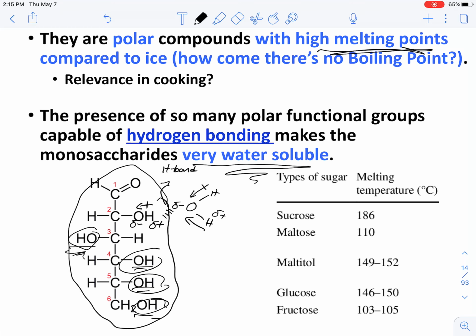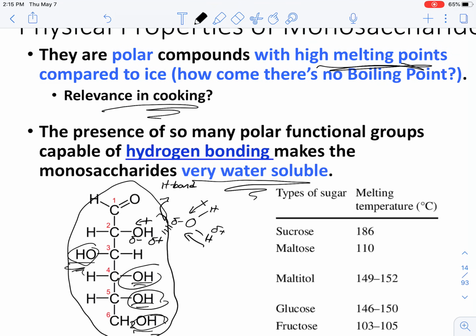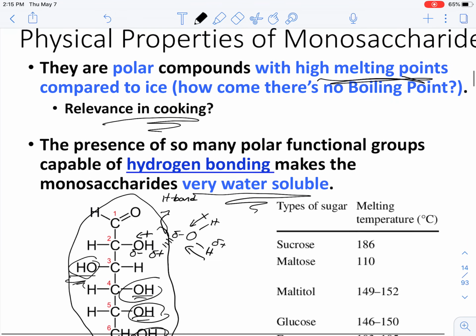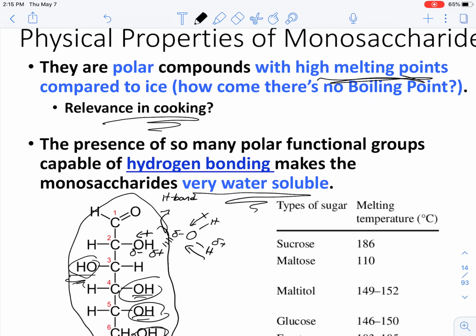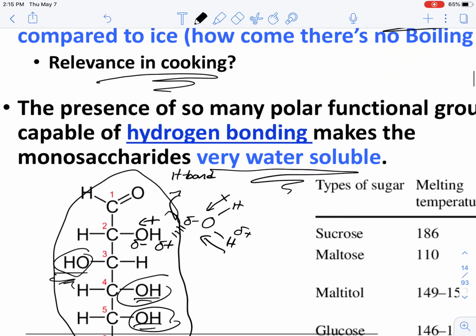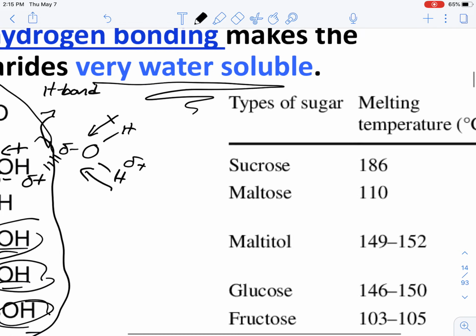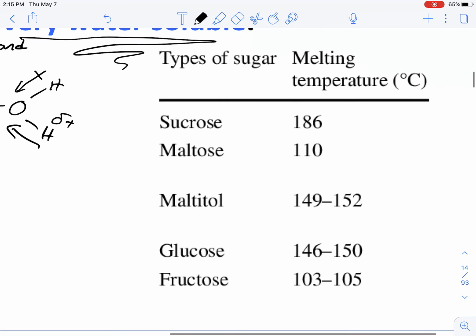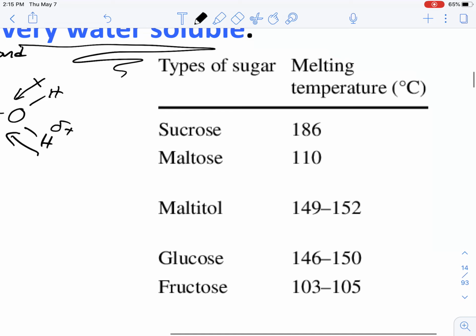And so this is very important in cooking. I'm not too sure if you guys have done sugar work before in terms of, for example, making caramel or even using sugar as a decorative piece. If you watch the cooking channel, you will see this very often. But the melting point is very, very specific for different types of sugars.